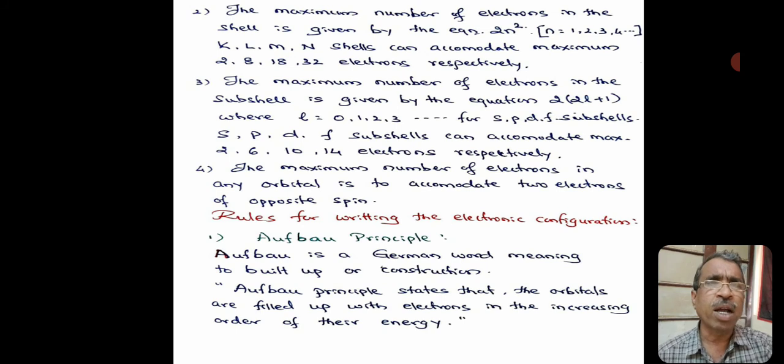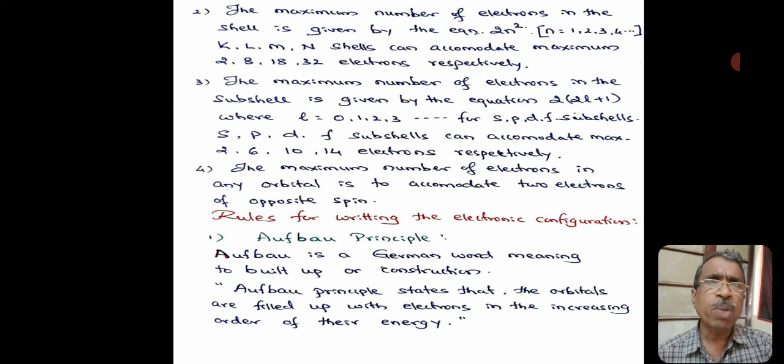The s subshell can accommodate a maximum of 2 electrons, p subshell can accommodate 6 electrons, d subshell can accommodate 10 electrons and f subshell can accommodate 14 electrons respectively.